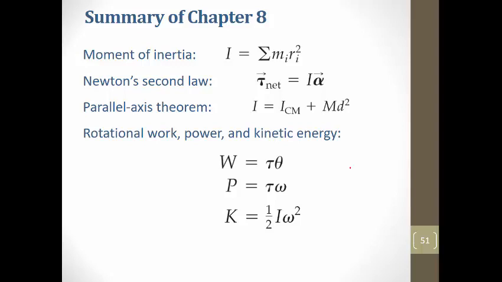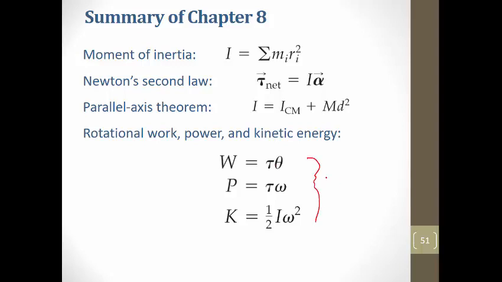We can calculate I, not usually as the sum of m times r squared, but by looking at our chart, figure 8.15. If it's not rotating about its center of mass, which will not be true if it's rolling, it's always going to be rotating about its center of mass. And then we can have rotational work and power and kinetic energy, again treated very much like what we did back in earlier chapters.